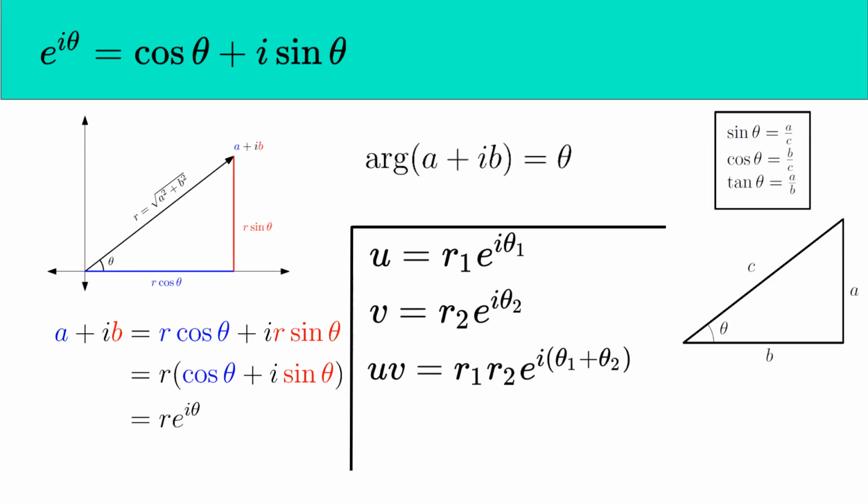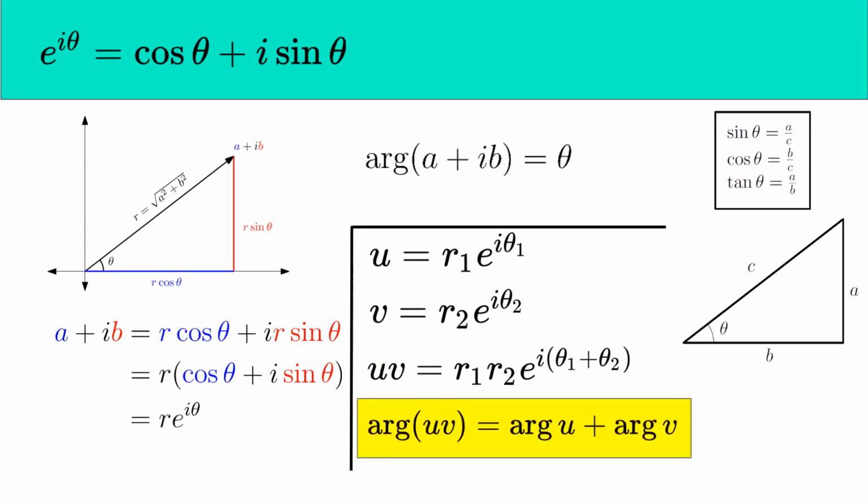Right away, we arrive at an important observation. The argument of a product of two complex numbers is equal to the sum of their arguments. In other words, when you multiply two complex numbers, the angle or the argument of the product is equal to the sum of the angles or arguments of the two original numbers.